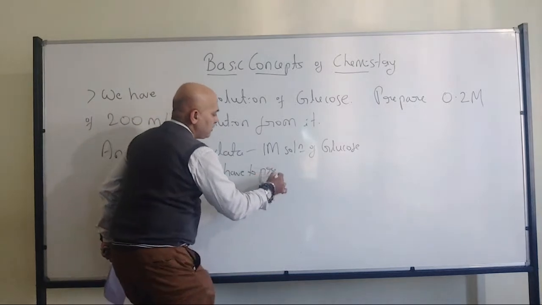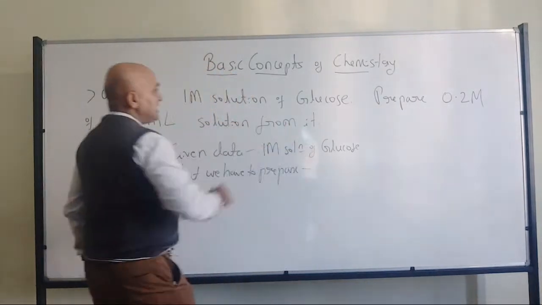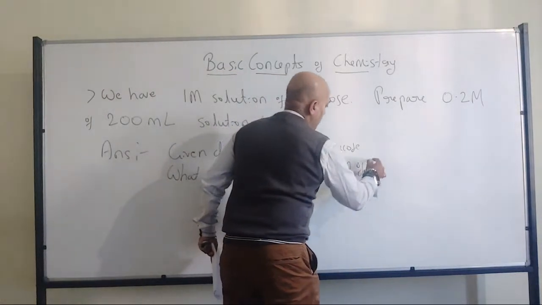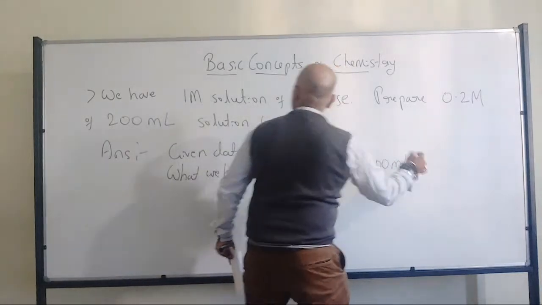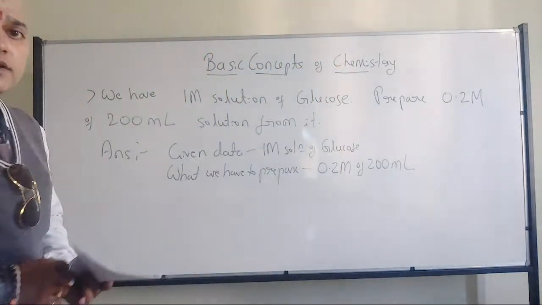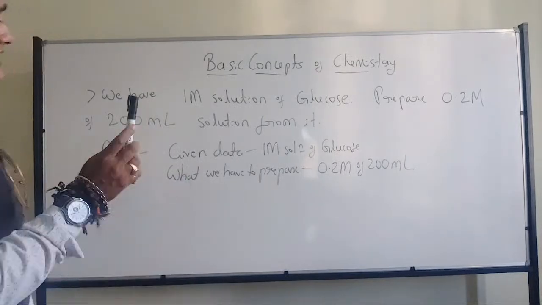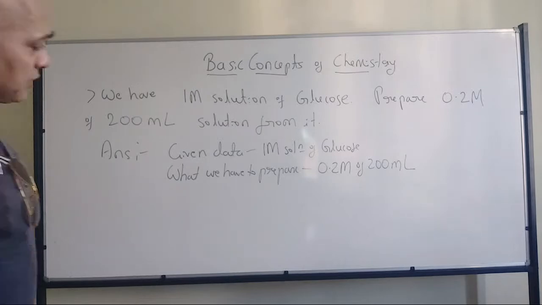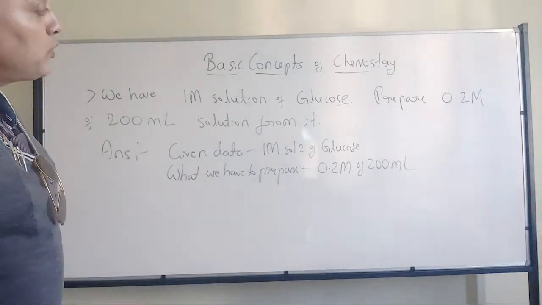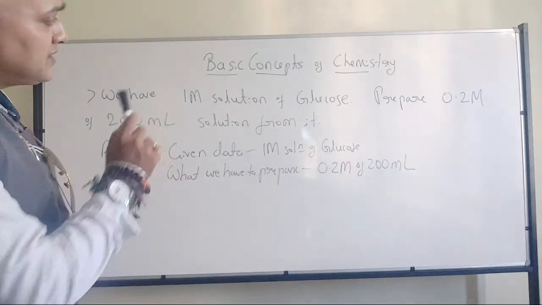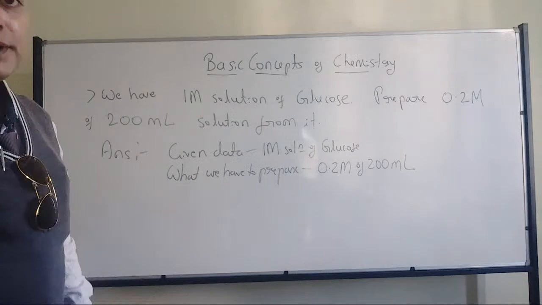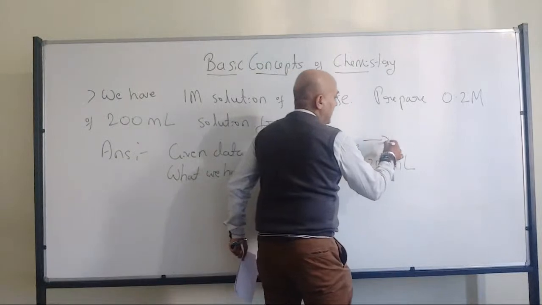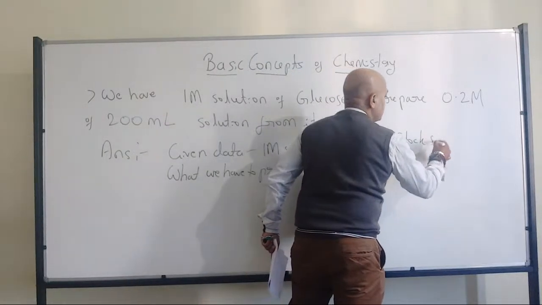That is 0.2 molar of 200 ml glucose solution. Right? All of you have understood? So the given data is 1 molar solution of glucose. What we have to prepare is 0.2 molar of 200 ml solution of the same glucose, or from this we have to prepare. So that means, observe it carefully. This one I will call a stock solution.